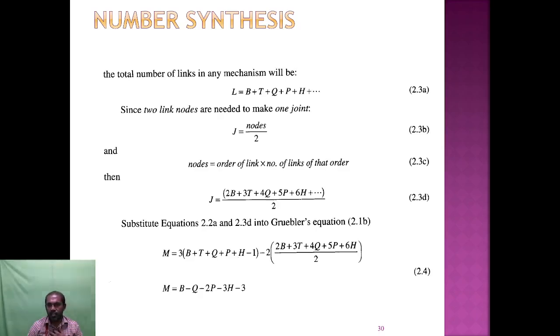So finally the joints are equal to 2 binary, 3 ternary, 4 quaternary, 5 pentagonal, 6 hexagonal, etc., divided by 2. Substituting the values into the above equations, you finally get m is equal to B minus Q minus 2P minus 3H minus 3.